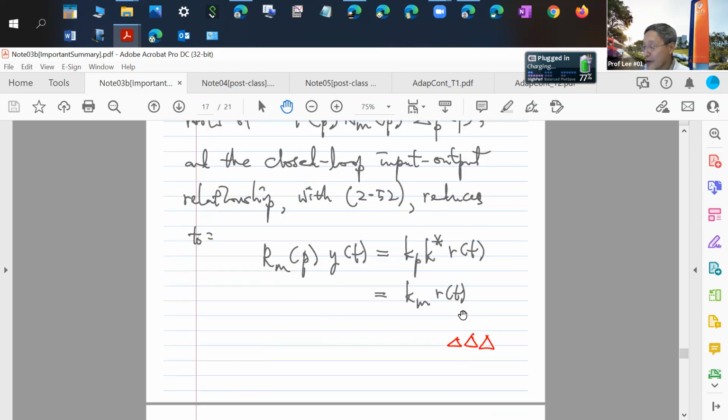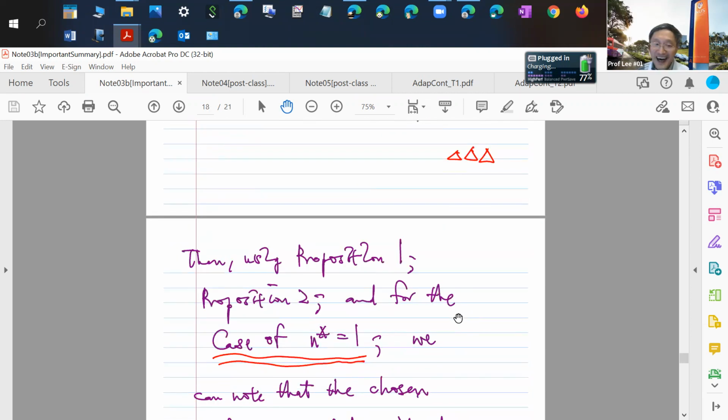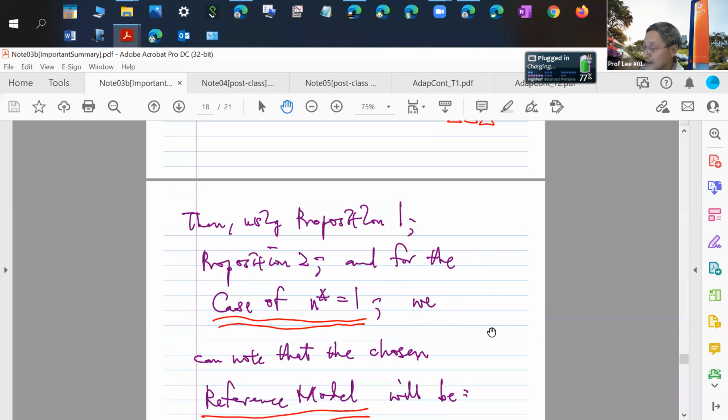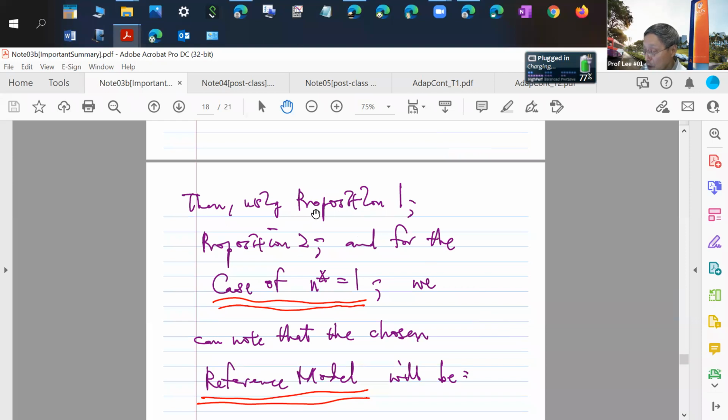Then next, when we begin to do a first version of an adaptive controller using strict positive realness, this is where relative degree 1 begins to come in. Proposition 1 and 2 do not need relative degree 1. It works for any nth order system, any relative degree.